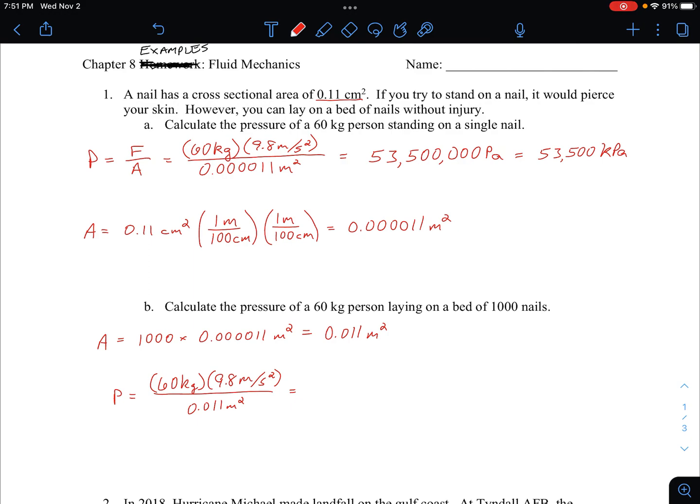And this gives us 53,500 pascals, or 53.5 kilopascals. Notice that this is 1,000 times less pressure than standing on one nail, as it should be, because we are spreading that force out over 1,000 nails instead of just one nail.